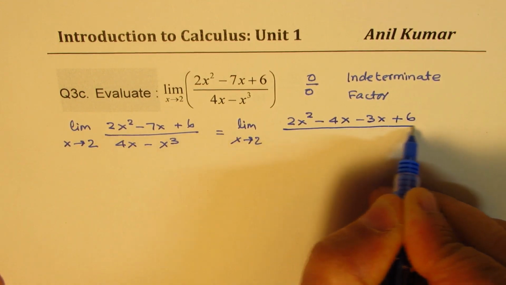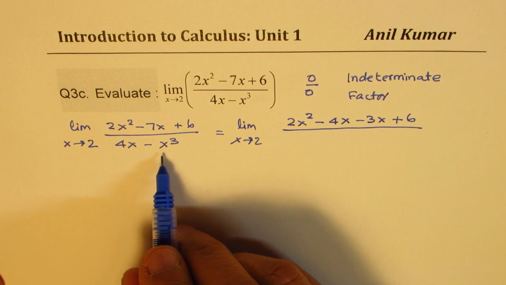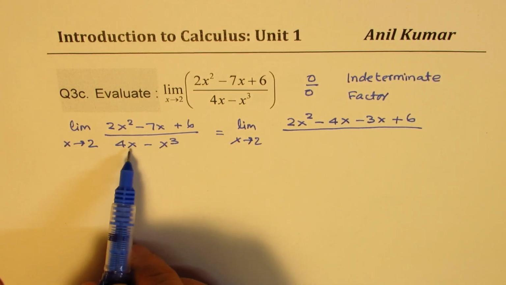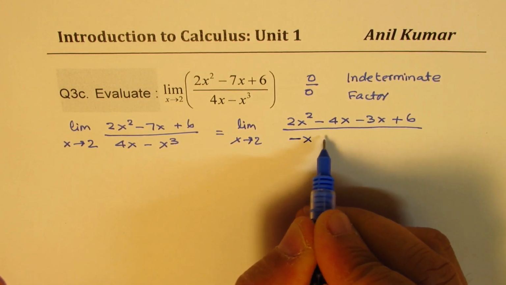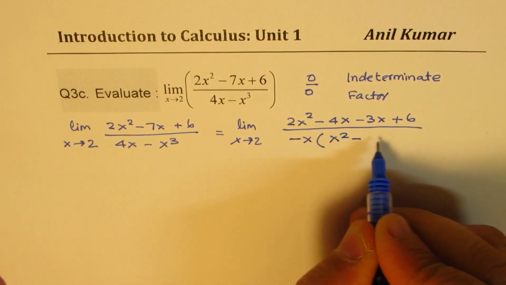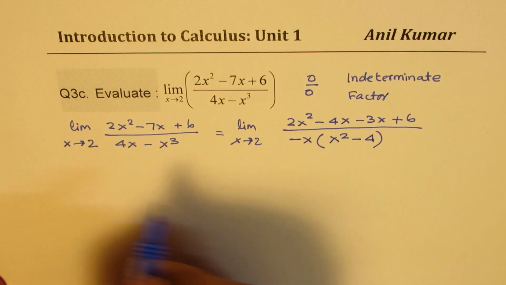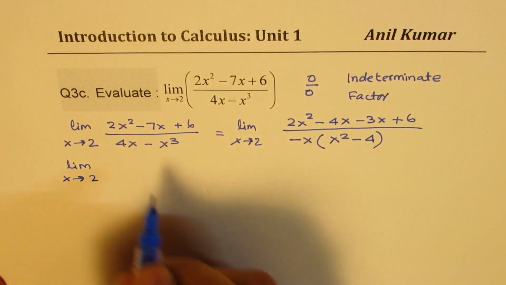Now some of you can actually do the factoring separately and then do the needful, right? So that is also possible. Let's take x common here. So let me take minus x common. So if I take minus x common, I could write this as x² − 4. Perfect. Okay. So we could rewrite this as limit x approaches 2.